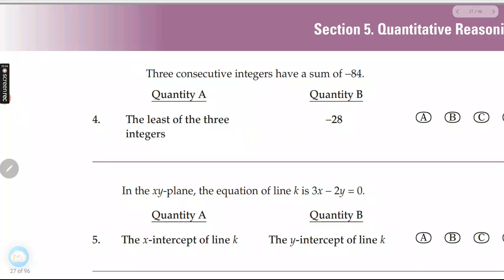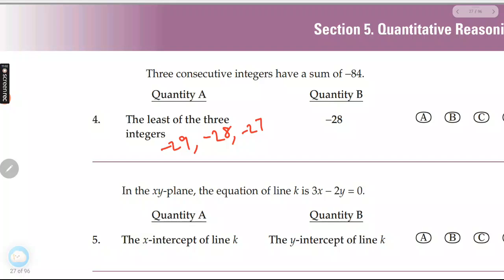So 84 divided by 3 is 28. You see that the middle number is minus 28. Then minus 27, and the lowest of those numbers is minus 29. So these are the numbers: minus 29, minus 28, minus 27.